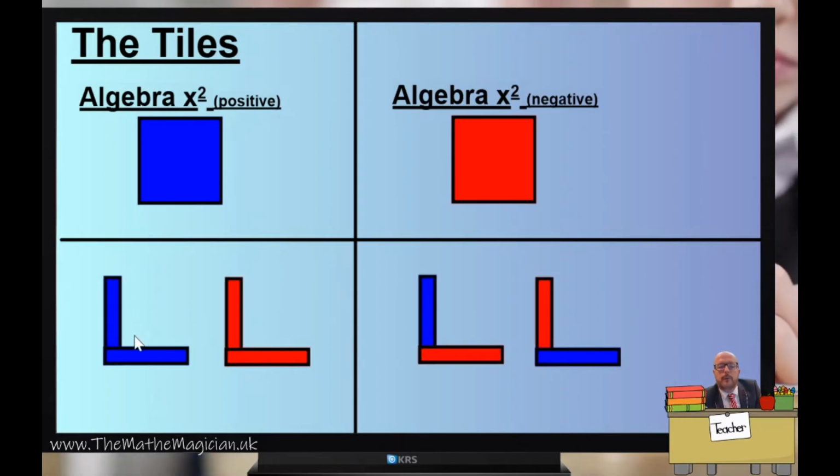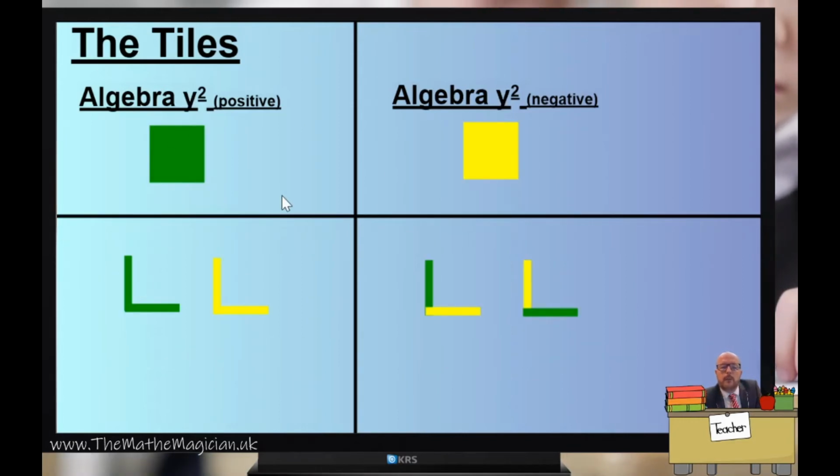So a positive x and a positive x gives me x squared. A negative x and a negative x still gives me x squared. A positive x and a negative x gives me a negative x squared, and a negative x and a positive x gives me a negative x squared. We'll talk about this more when we do multiplication, but just try and see what you can remember before then.